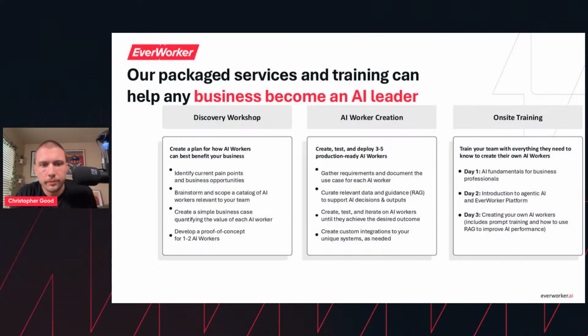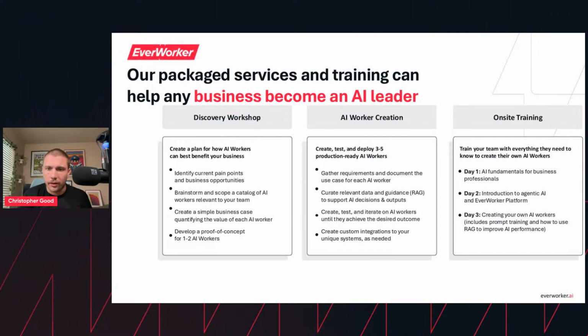Okay. So when it comes to implementing an AI workforce, I would say we offer 3 levels of support to help any business become an AI leader, regardless of where you're starting from. The discovery workshop is the first piece, and that helps create a plan for how AI workers can best benefit your business.